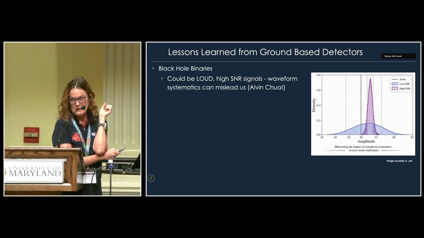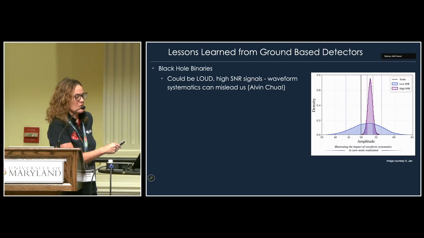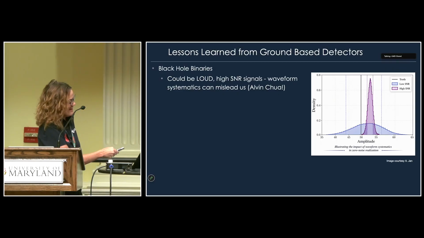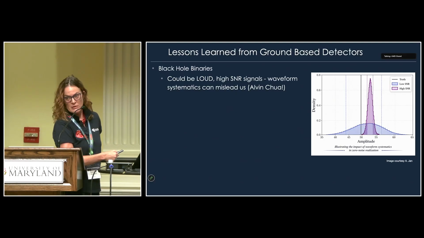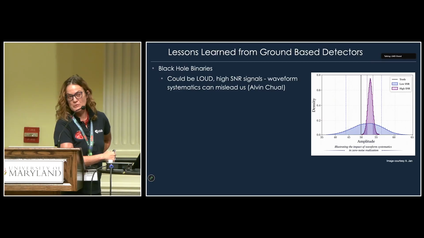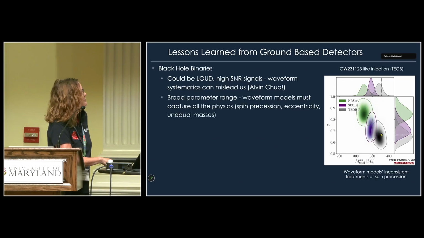So that's just one of the lessons I took away from my student. Awesome. So I wanted to share that with you. So that's one of the things we're worried about, that we'd actually move off the truth because of really loud signals when we haven't factored into our analysis approach the uncertainties in our waveforms.